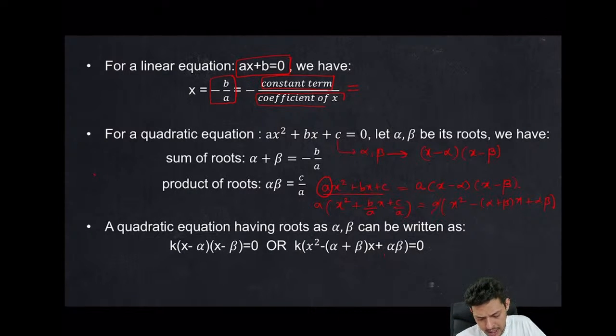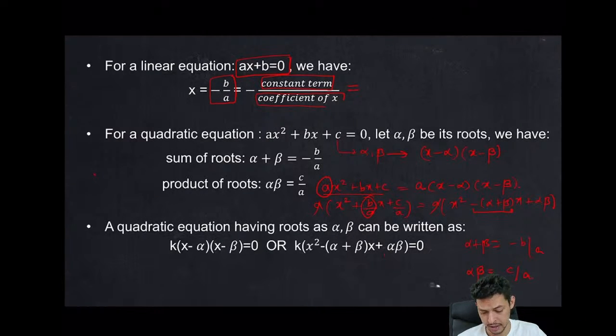So a and a get cancelled out. Equating the coefficient of x here to the coefficient of x here gives you alpha plus beta to be minus b by a, and finally the product alpha beta will be equal to c by a.